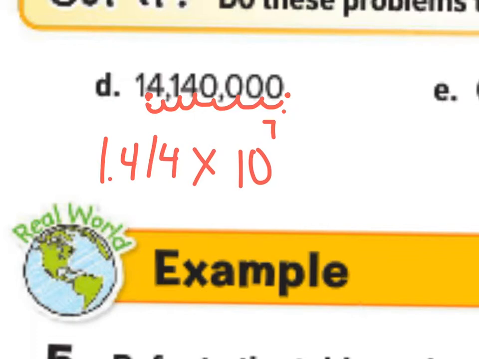Okay, if that's confusing to you, remember that the number is very large, and we're trying to make it a number between 1 and 10. So we have to put the decimal place right there to make a units, the ones. And then when we multiply it, it's going to become this large number. So it has to be a positive exponent.